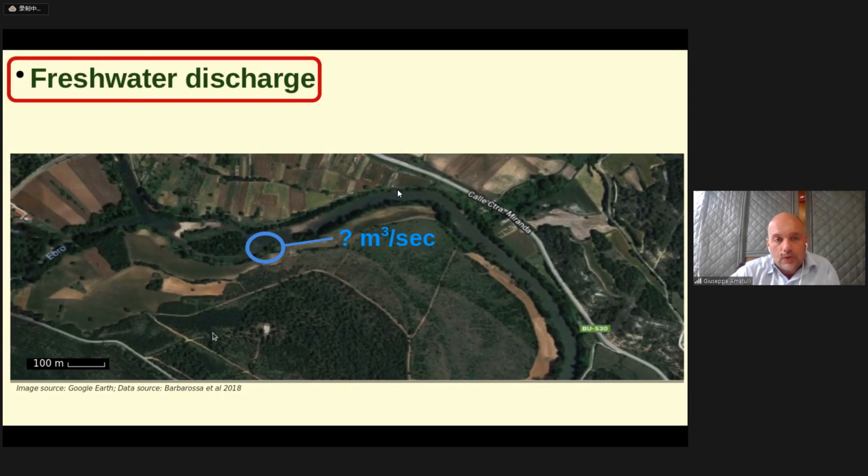So what we want to achieve is really to quantify the discharge in cubic meters per second at 90-meter resolution at global level, firstly at monthly level, and then we will move into the daily application.